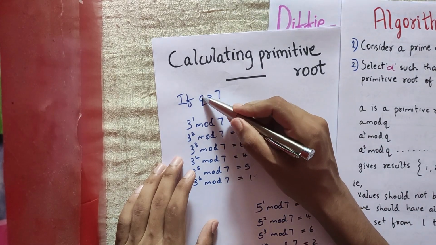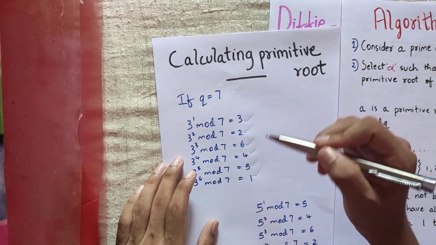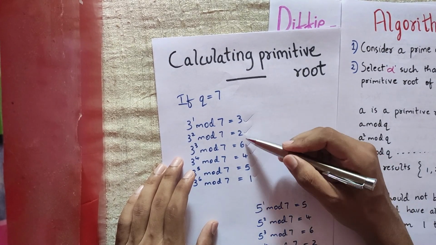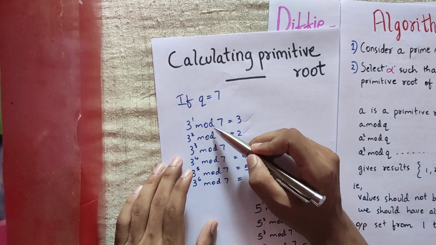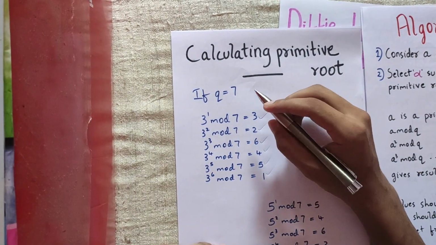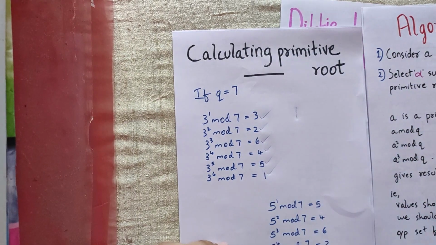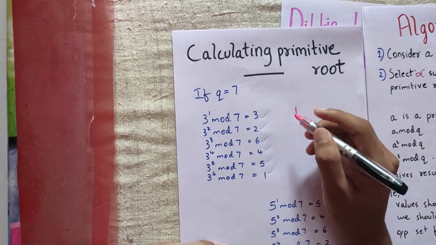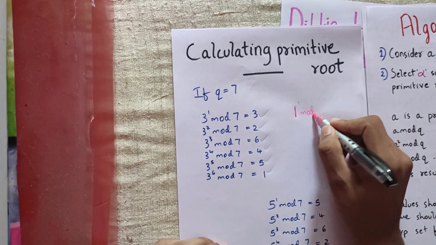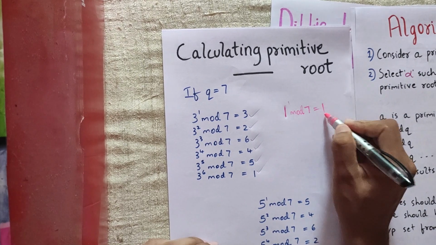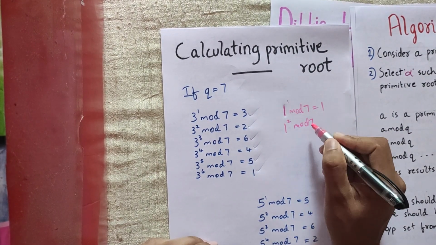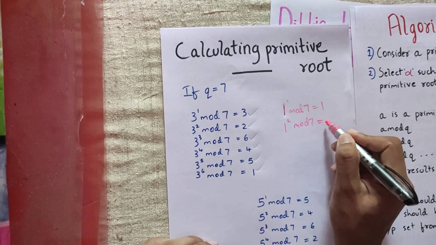That is up to q minus 1. Here we have q equal to 7, and 7 minus 1 is 6. So we get all numbers up to q minus 1. So 3 is a primitive root of 7. Now we can check another number, that is 1. So 1 raised to 1 mod 7 is equal to 1, and 1 raised to 2 mod 7 is also 1.